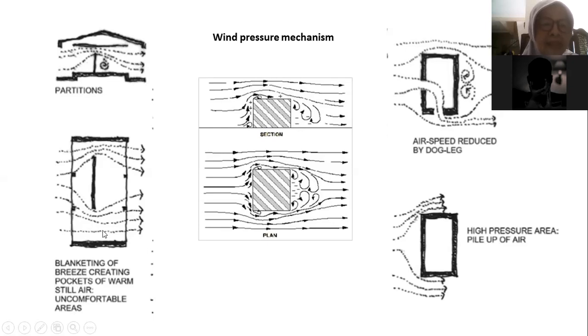Blanketing of breeze, that means menyelimuti in Bahasa Indonesia, menyelimuti of breeze, creating pockets of warm still air. Warm still air or stale air, that means the warm condition inside the building cannot freely move. That is an uncomfortable area.